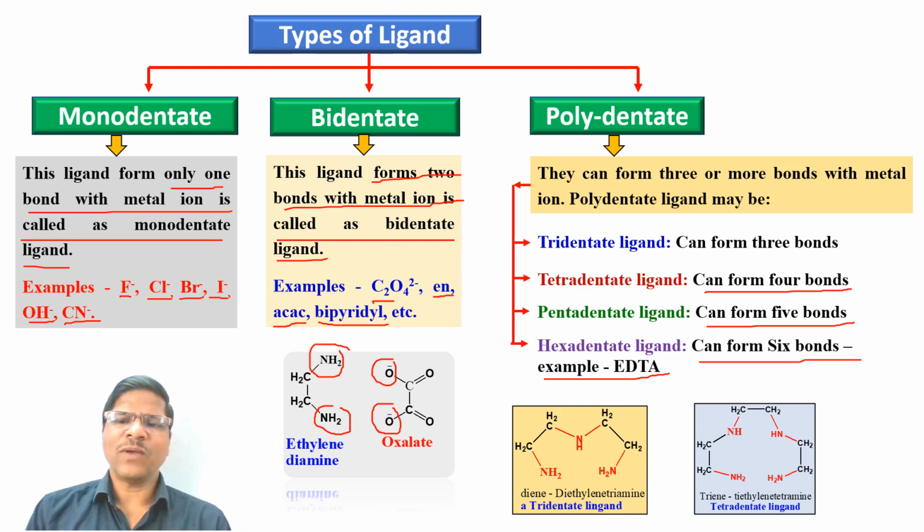Like this, you can use wording such as heptadentate, octadentate. But usually the common types of ligand are monodentate, bidentate, tridentate, tetradentate, pentadentate and hexadentate. They are the most common types of ligand in coordination chemistry.